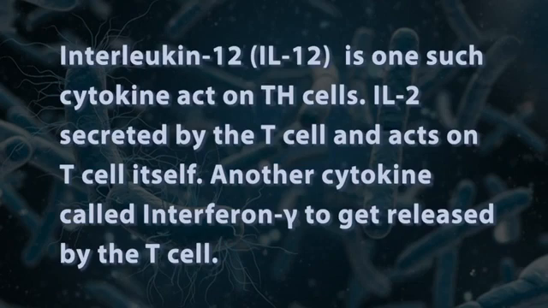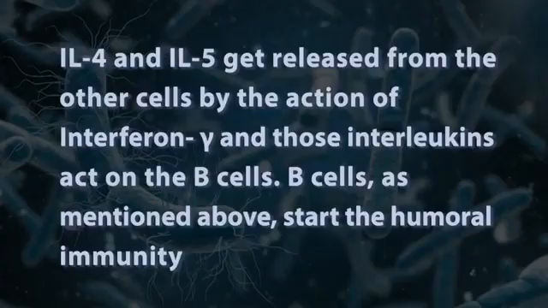Interleukin 2 is secreted by the T cells and acts on the T cell itself. Another cytokine called interferon gamma gets released by the T cells. There will be the proliferation of more T cells by the action of interleukin 2 and also other natural killer cells get activated.